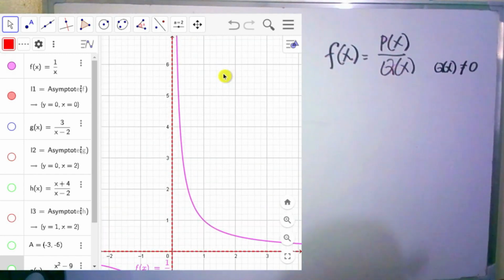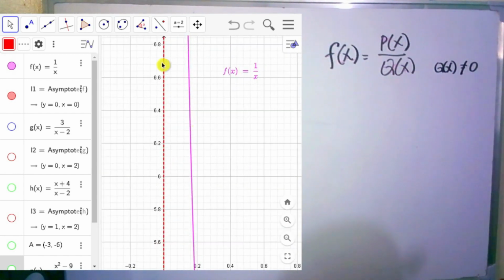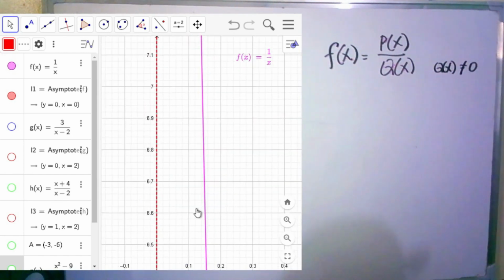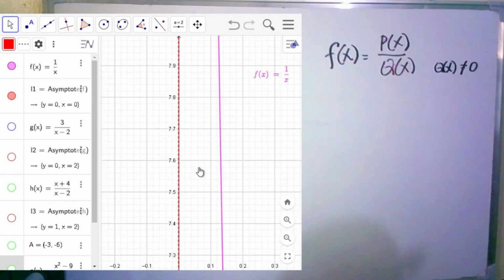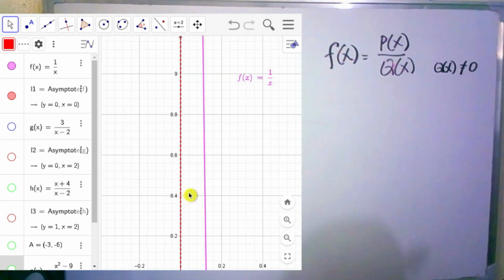Parang even if we zoom it out, never siya na magta-touch doon sa y-axis natin. Yun yung ibig sabihin ng asymptote. So kahit ilagay pa natin sa pinakataas yan, this function will just approach the y-axis, but it will never touch. So this line here serves as an asymptote.